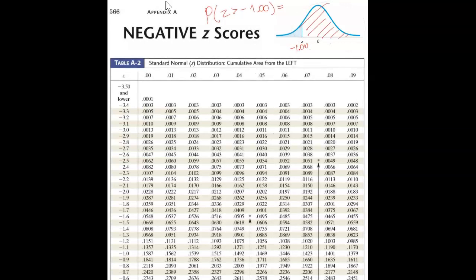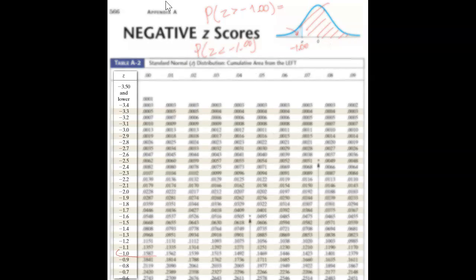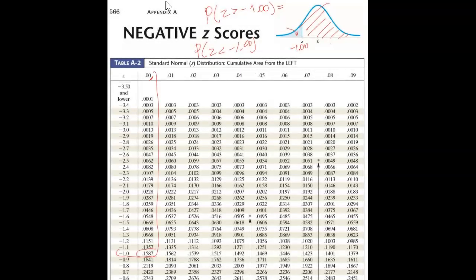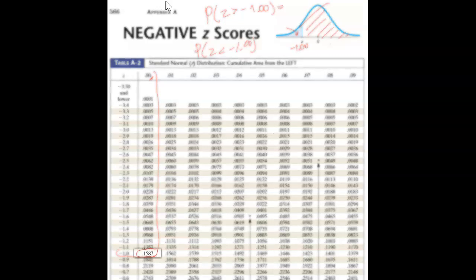So first, we locate P of z less than negative 1.00. The first two numbers of the z-scores are located on the left of the table, and the second decimal is located on the top of the table. Probability of z-score less than negative 1.0 is 0.1587. This is the part that we just found.